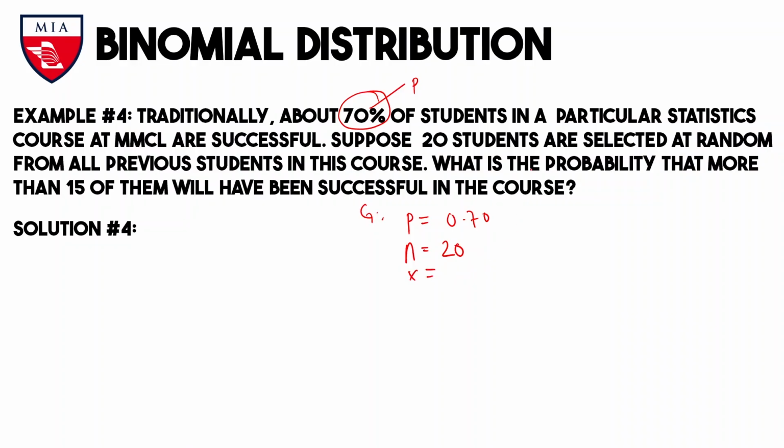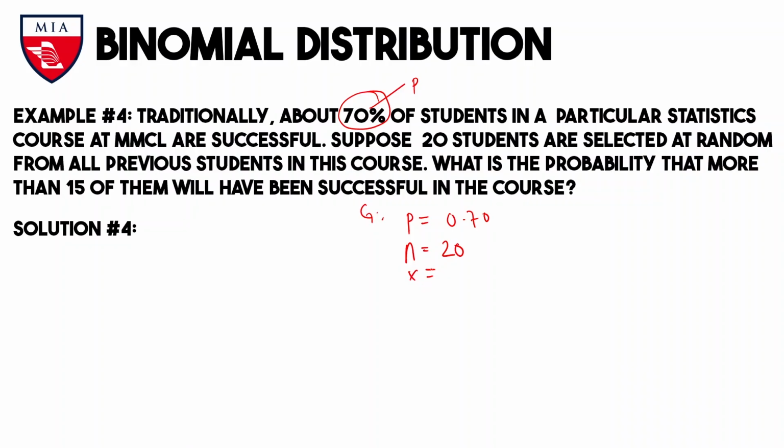So let's read the problem. From all previous students in this course, what is the probability that more than 15 of them will have been successful in the course? Automatic, our x. So also, like example number 3, we have multiple values of x.